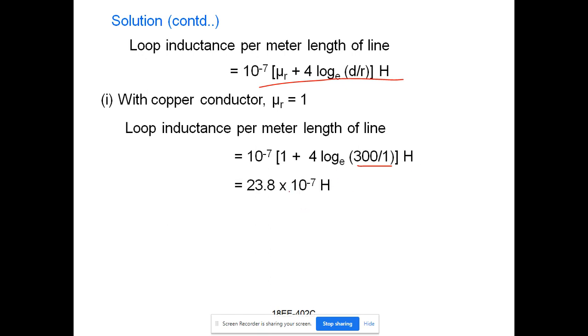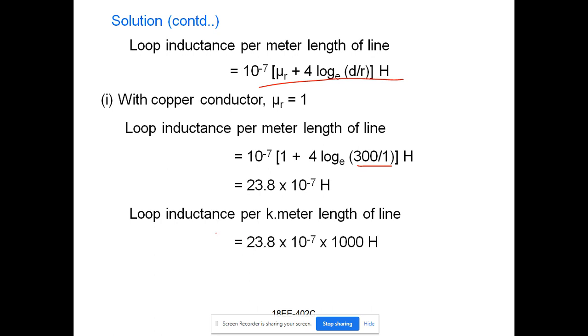On solving this, we get 23.8 into 10 to the power of minus 7 henries. To get the inductance per kilometer, we multiply with 10 to the power of 3, so we get 23.8 into 10 to the power of minus 4 henry per kilometer.